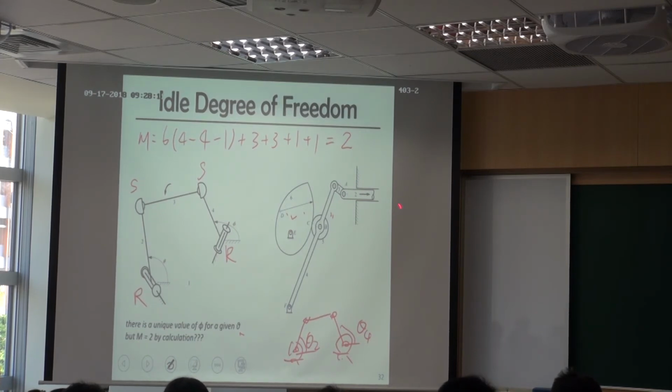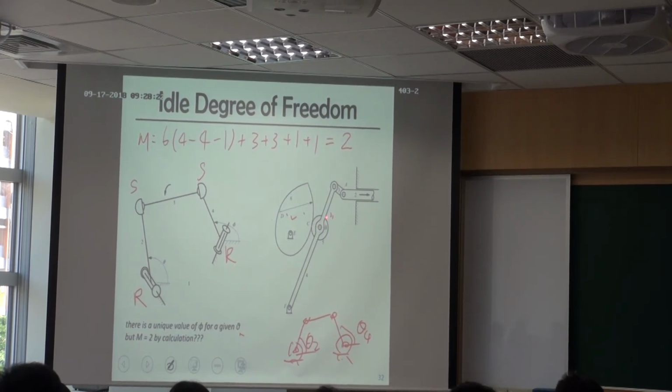And this one is very similar. You can try to calculate it by yourself. It's a planar mechanism, and you will find this small wheel is useless. You can rotate it at any angle, but it won't influence the input to the output, because this one is just a cylinder. No matter how you rotate it, it won't influence the position of any other links.